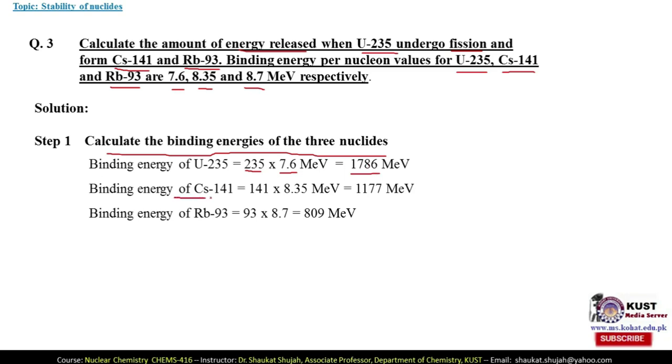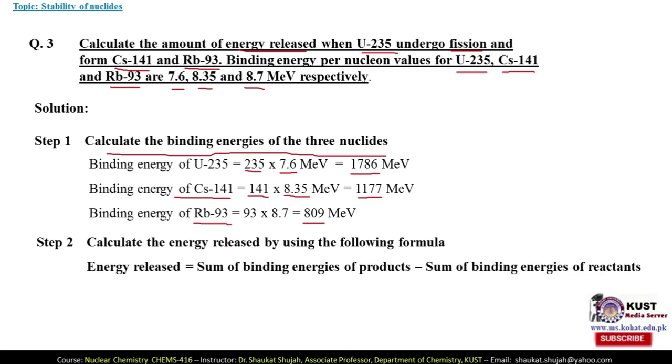In case of cesium-141, we multiply the nucleon number 141 with the binding energy per nucleon value 8.35, and the answer which we get is 1177 mega electron volts. When a similar type of calculation is performed for rubidium-93, the answer which we get is 809 mega electron volts.